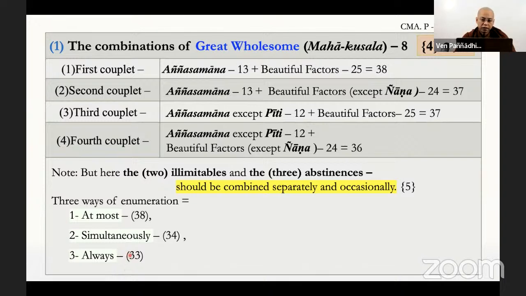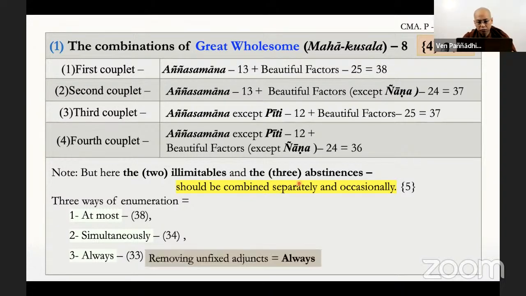So this is an important message when you learn Abhidhamma as a beginner. But in the traditional way, if we try to follow the Pali explanation, because Pali is always shortened, it is quite difficult. So with this method, how to count the utmost number and how to change it into simultaneously and always, by following this principle, then we can understand.